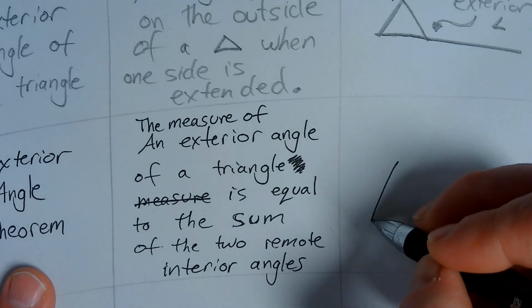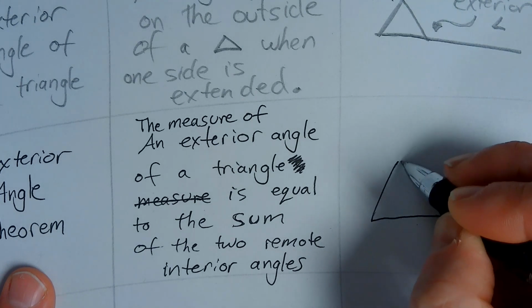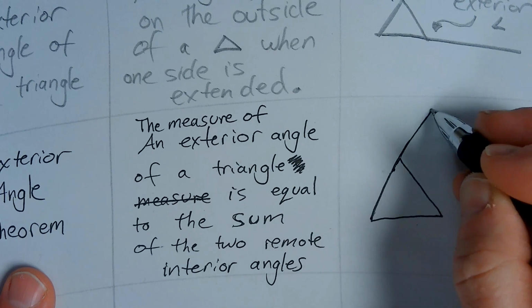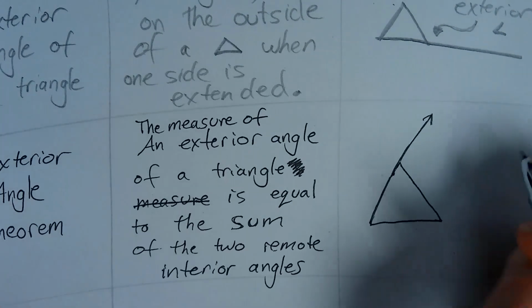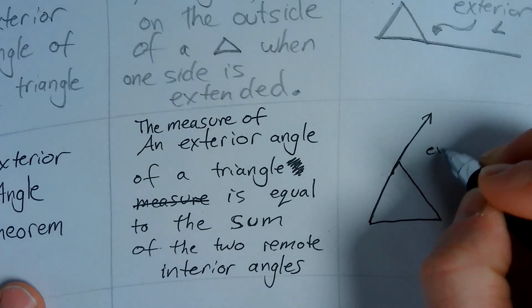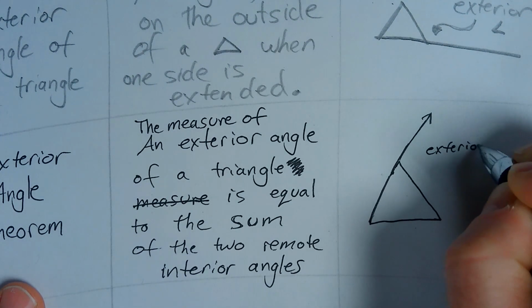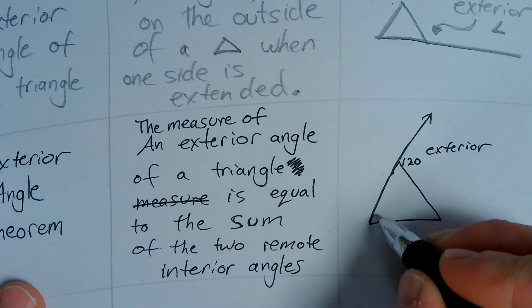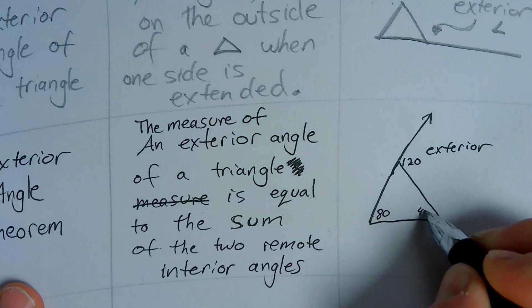Can I draw this? Let's draw this like funny. Not a very straight line, but exterior. Let's say this is 120. And this could be 80. This can be 40.